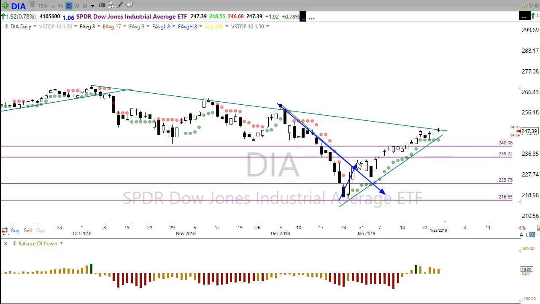Broke the downtrend, moved through, pulled back, held support. Buyers stepped up in here. We started a trend right there. We moved up. What did we do? We consolidated, moved left over to the trend. Stock moved up. And now we're consolidating over toward the trend.